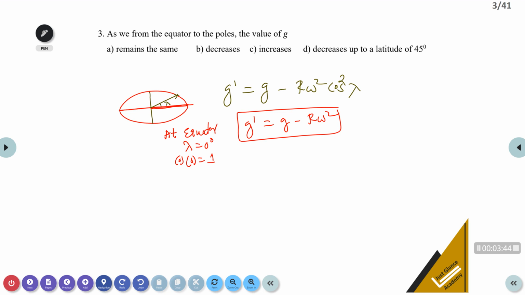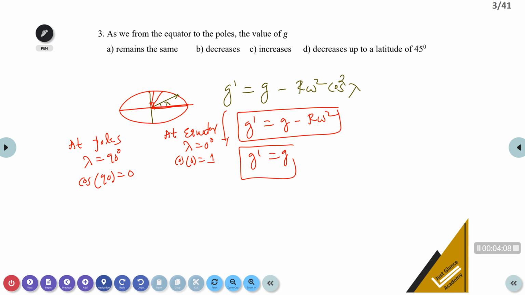Next, suppose the satellite is here and gradually comes here. At this point, the angle is 90 degrees. At the poles, lambda equals 90 degrees. Then cos 90 equals 0, so the equation becomes g dash equals g.